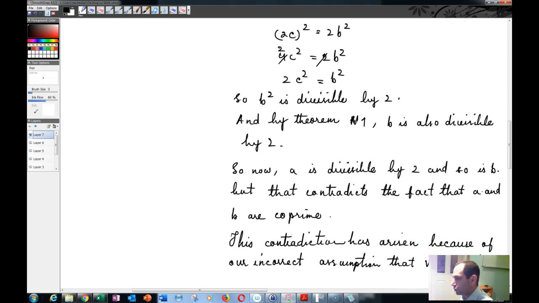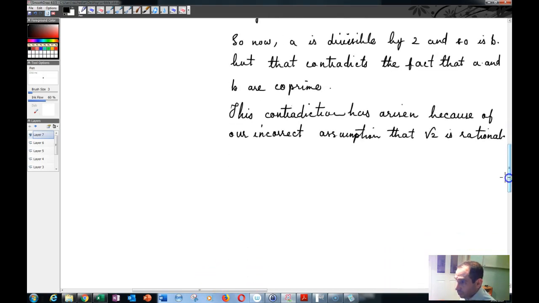Otherwise this contradiction would not have arisen. So basically, we conclude that square root of 2 is irrational.